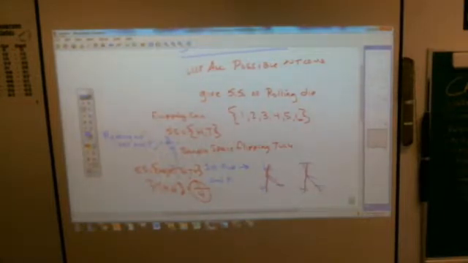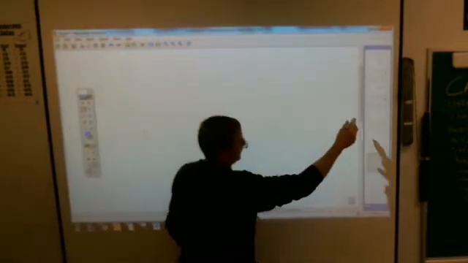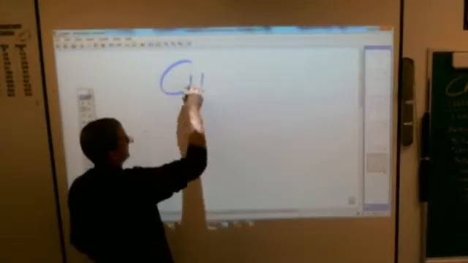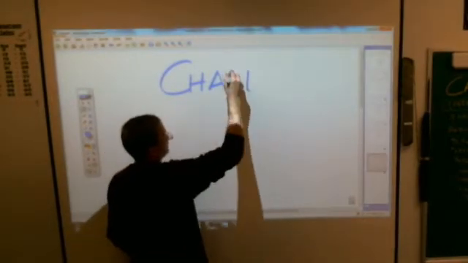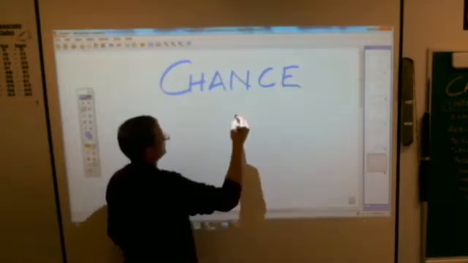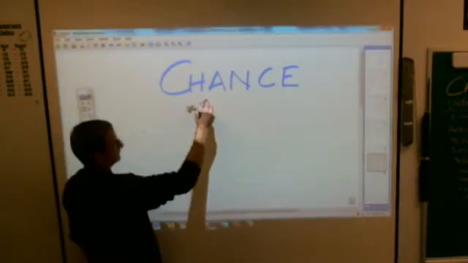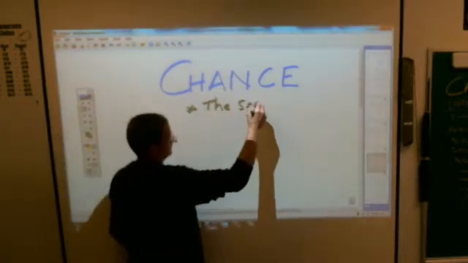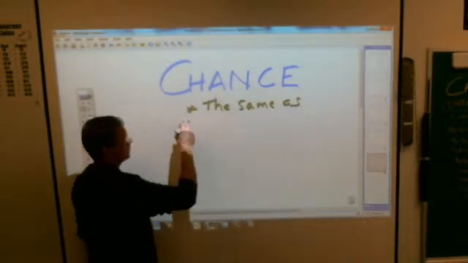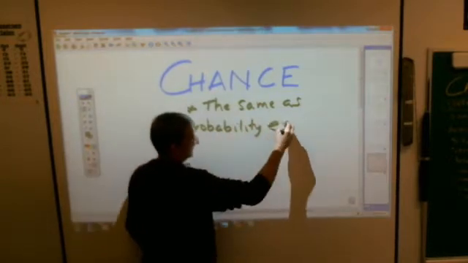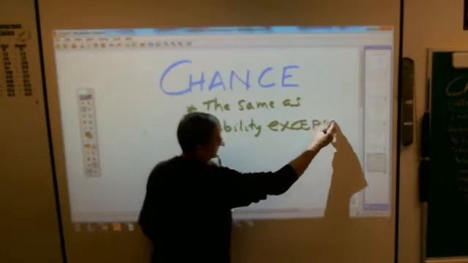Now a blank piece of paper. You just have to do some definitions here. Things that get confused with probability a little bit, and the first one is chance. Chance, boys and girls and ladies and gentlemen, is really the same as probability, except, anybody know except what?